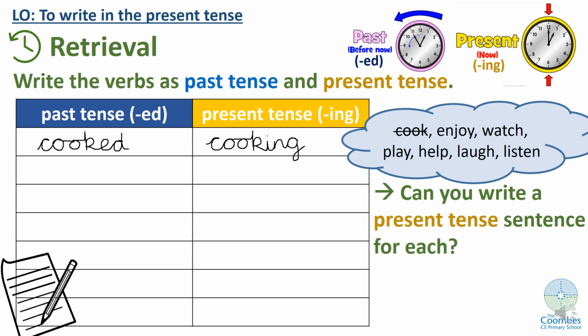and then carry on with the other ones. If you want an extra challenge, there is an extra challenge question as well. And it says, can you write a present tense sentence for each? So this was my present tense one, my cooking. And can I write that in a sentence?